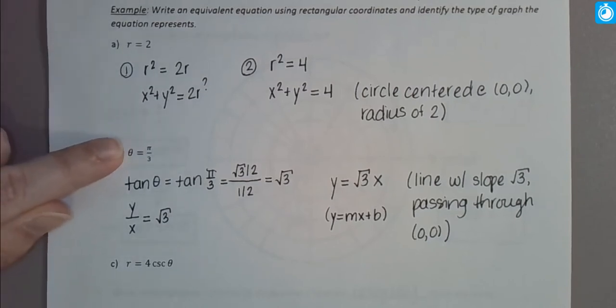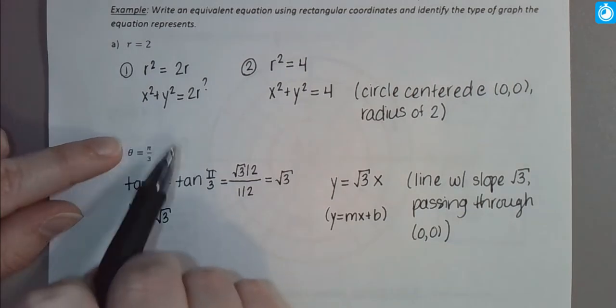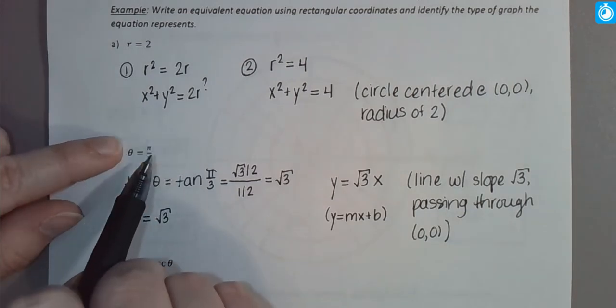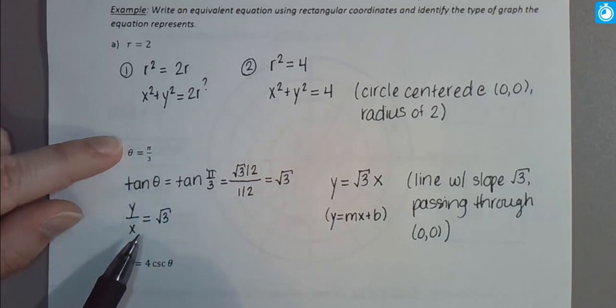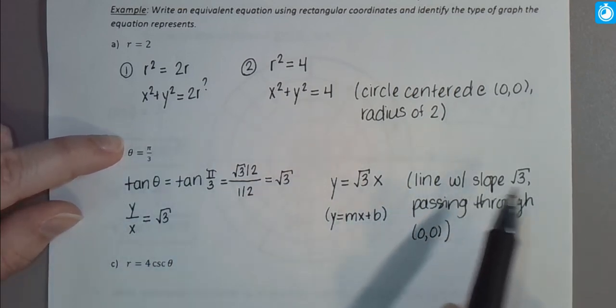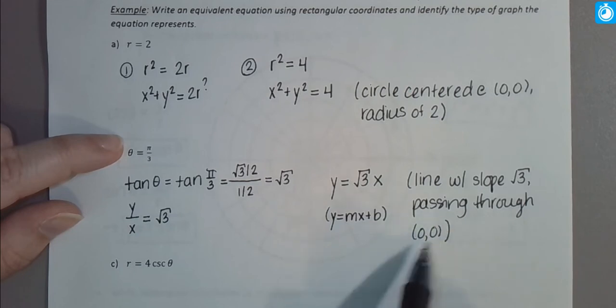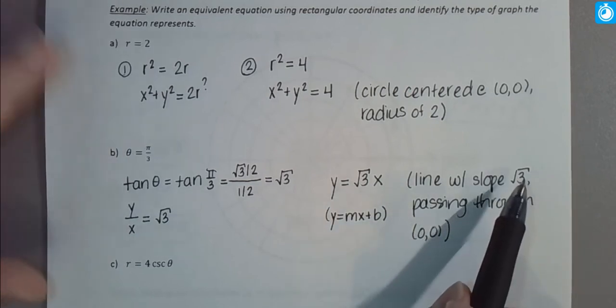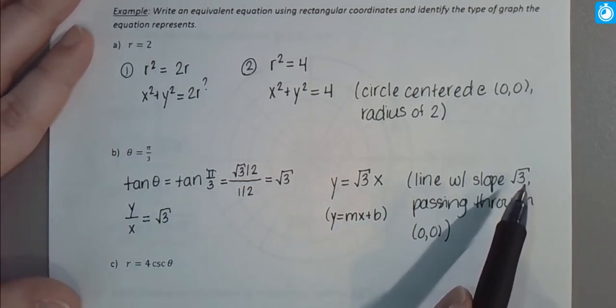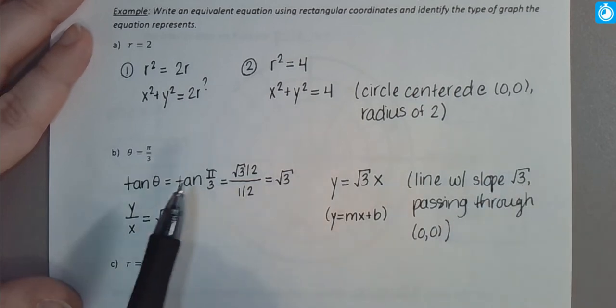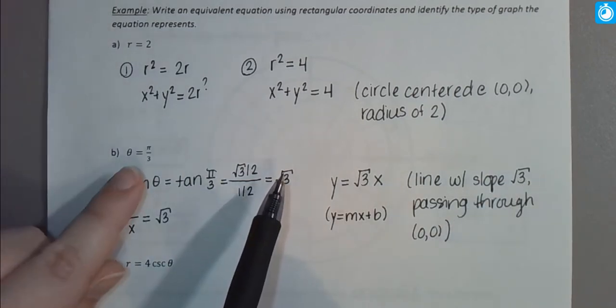So what that tells us more generally is that any time we have an equation of the form theta is equal to a number, and typically it's going to be a radian measure, that is going to generate a diagonal line that passes through the origin. Now what's going to change is the slope of the line. So the slope of this line was based on what we got when we applied the tangent.